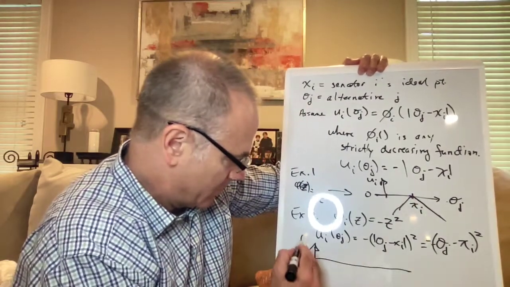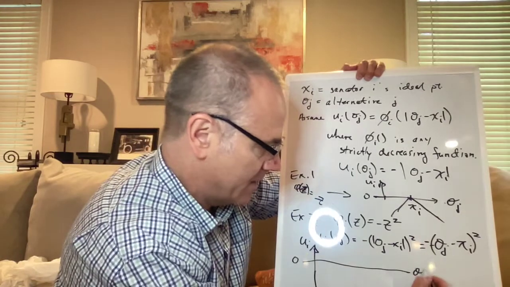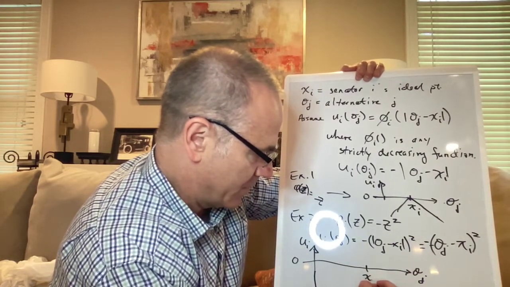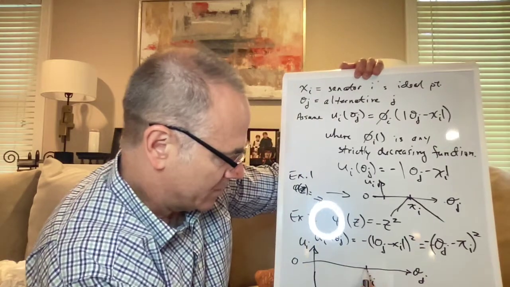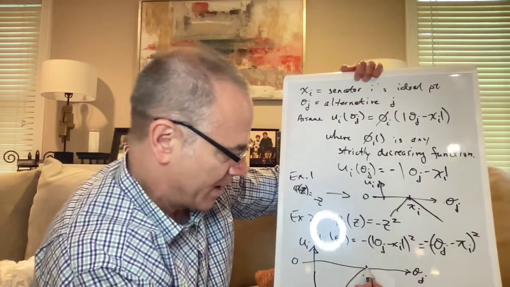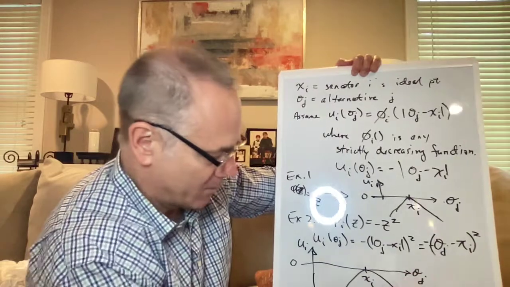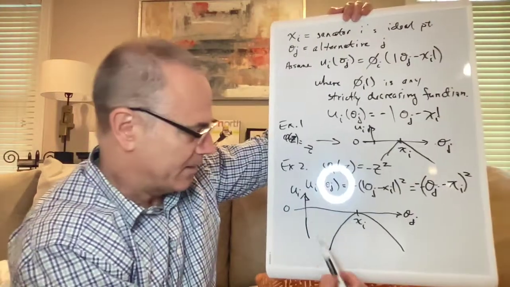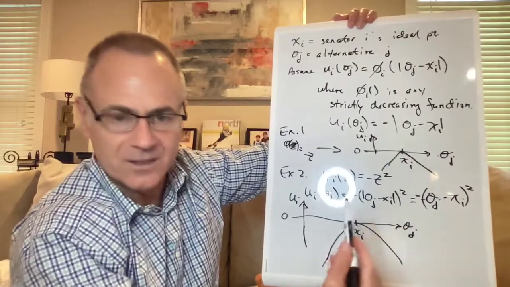If that's 0, it's utility i. This is theta j. Ideal point is xi. Utility is going to be quadratic. If we plug in different values of theta j, utility is going to look like this kind of mountain shape. Okay.